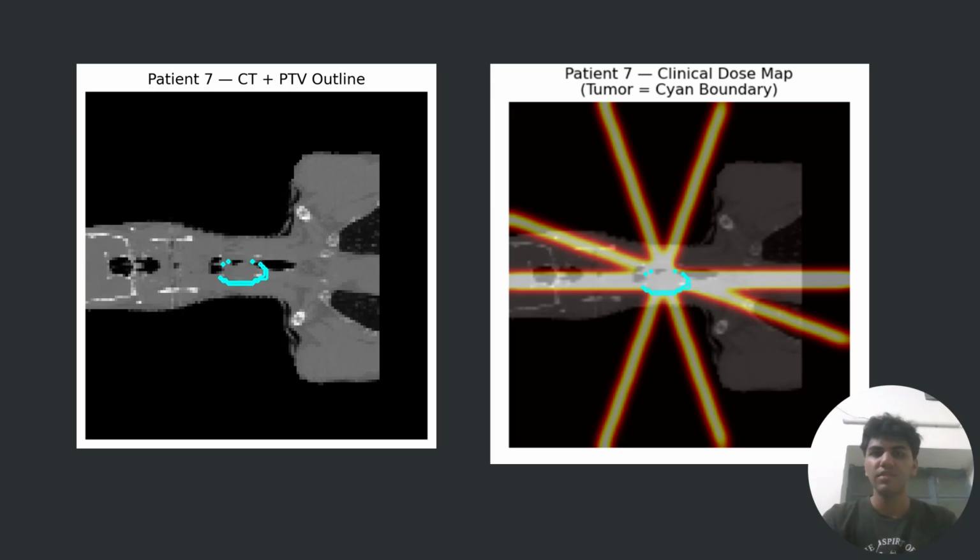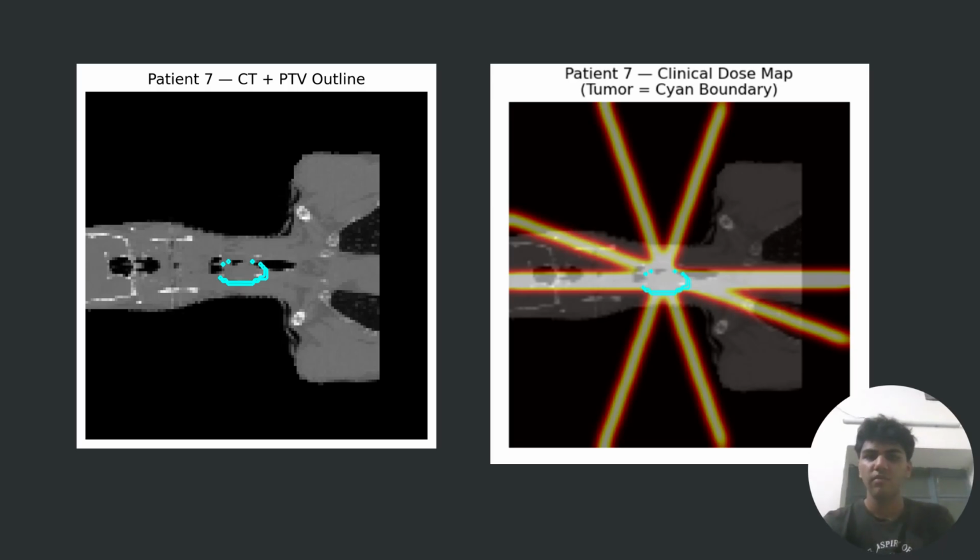To illustrate how the system operates on real clinical data, I am showing an example patient from the test set. On the left, you have the input to the model, a CT slice with the tumor contour highlighted in cyan. This is the only anatomical reference the agent sees. There's no handcrafted planning guidance, no human beam templates, just the raw anatomy and the tumor boundary.